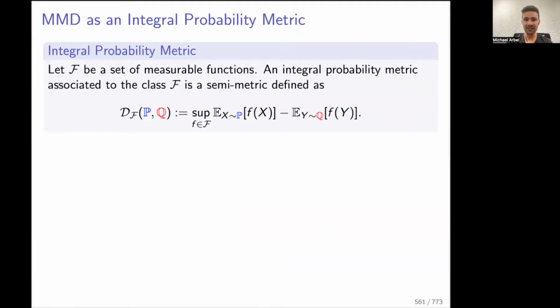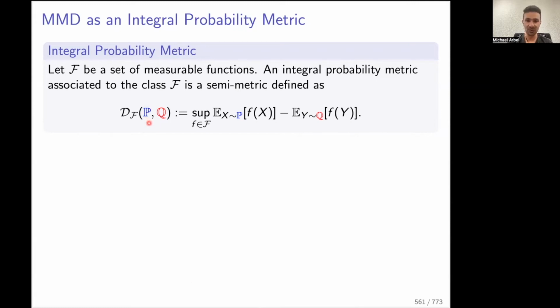Now that we have introduced the MMD and a way to estimate it using samples, which is very easy to compute as it only involves evaluating the kernel, it is worth retrieving the MMD using a different definition, which is the concept of integral probability metric. This will provide a different insight on the MMD. Here we need to consider a set of measurable functions, a set of test functions that will define a quantity called integral probability metric, which measures a discrepancy between two probability distributions in the following way.